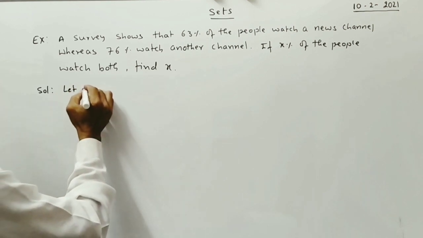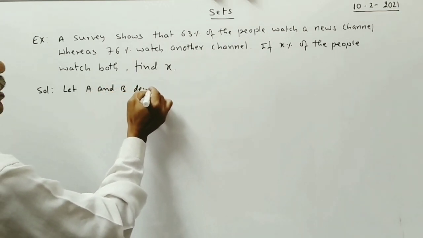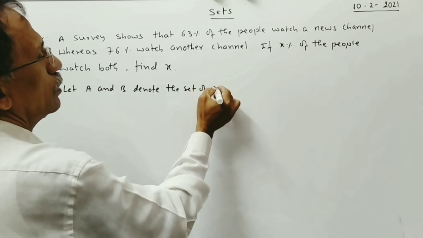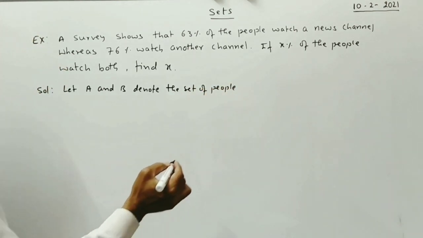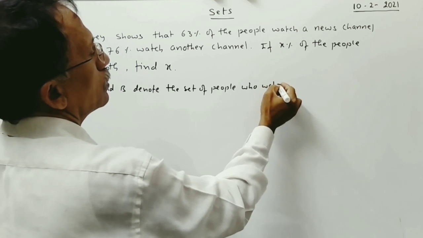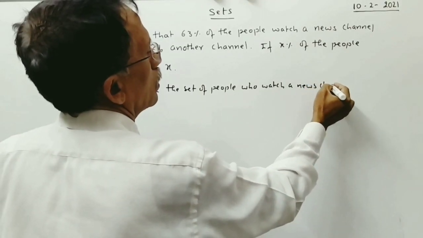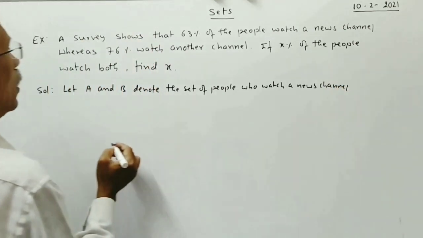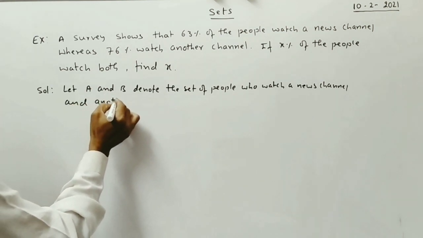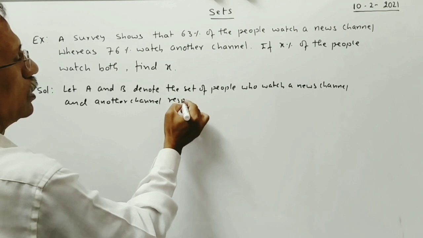Let A and B denote the set of people who watch a news channel and another channel respectively.